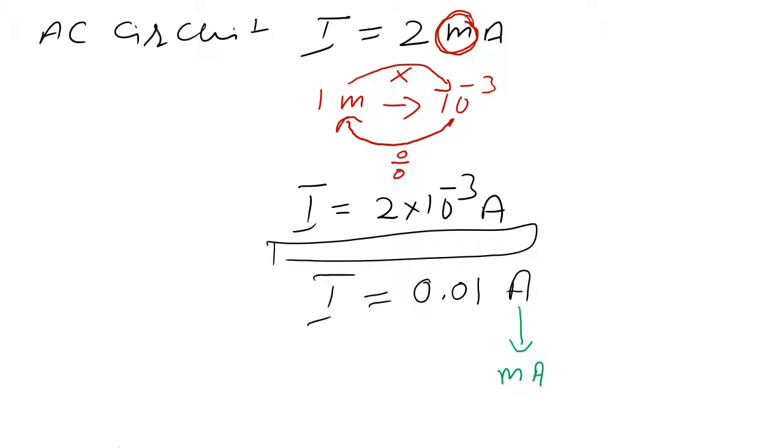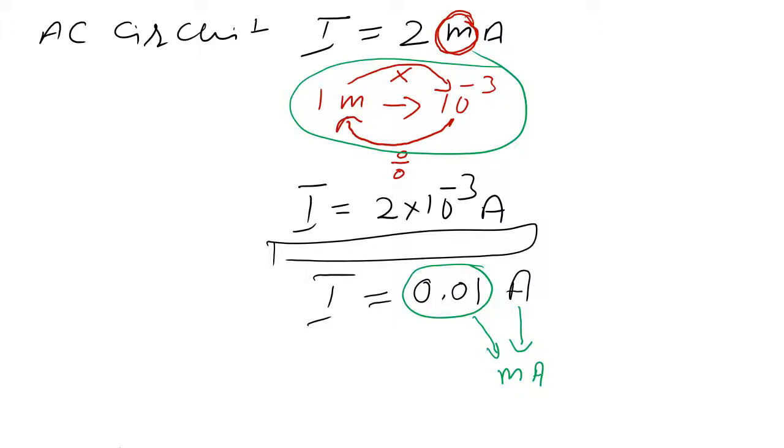So the meaning is, in this relation, 1 milli is equal to 10 to the power minus 3. Here you have this number and you are changing to milli, so in this case you have to divide, not multiply.